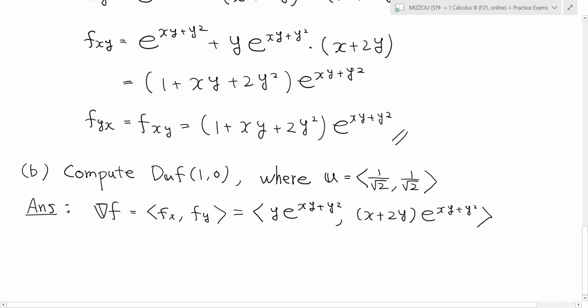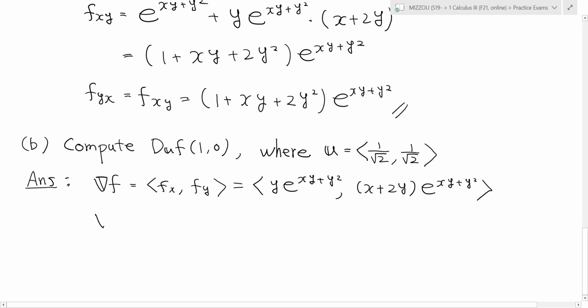Okay, and then if you plug in (1, 0), the y is 0, so it's (0, 1).